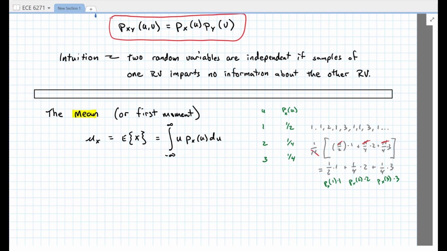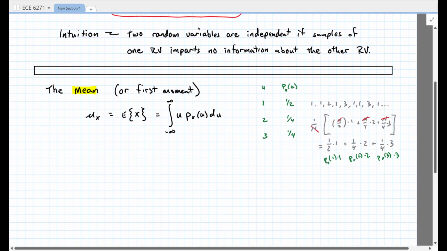Okay, so because the expectations come from an integral, integrals behave very well when you have finite values involved.